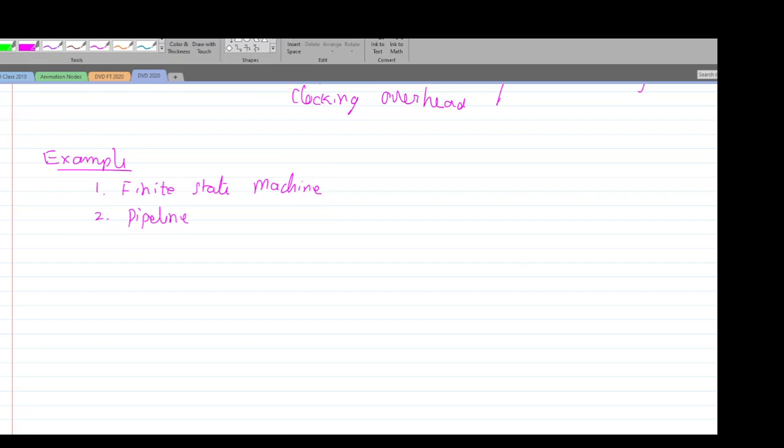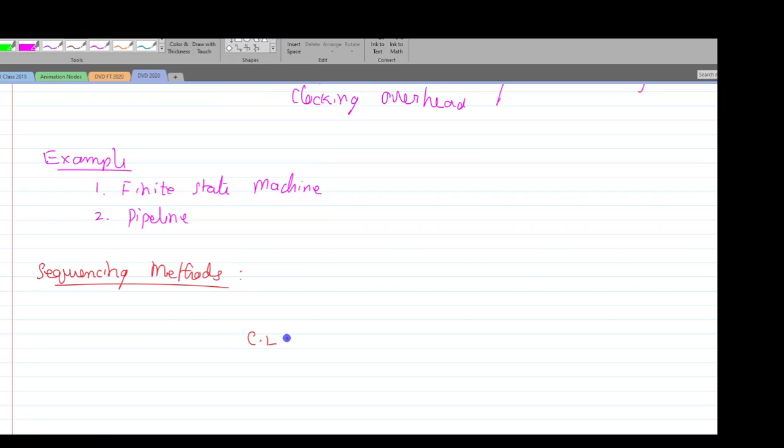Now the next thing that I want to discuss is what is known as sequencing methods. Basically, the sequencing methods discuss the arrangement of the combo logic as well as the sequential elements in a way such that the system avoids any failure.